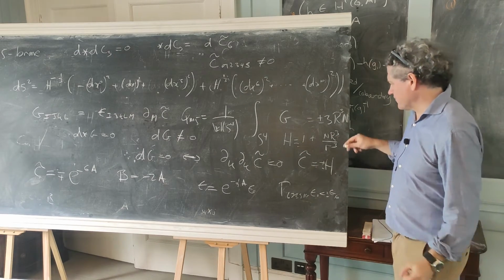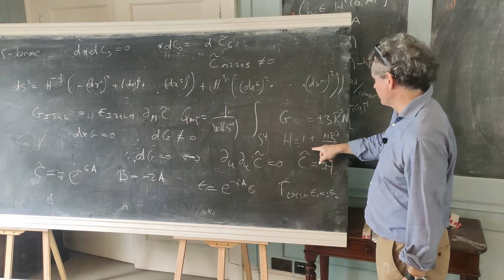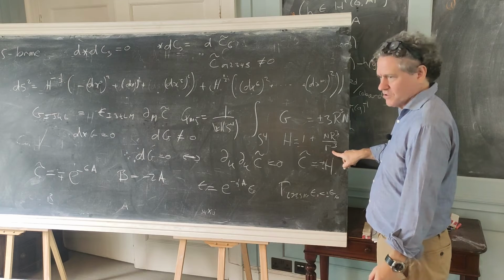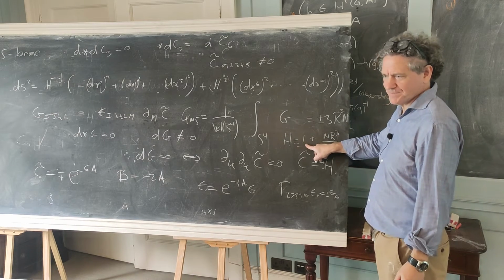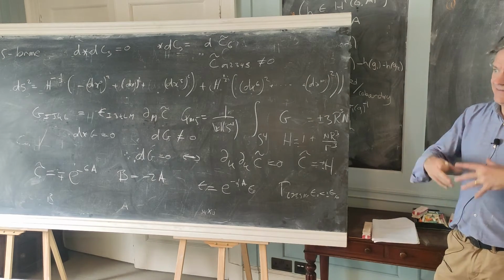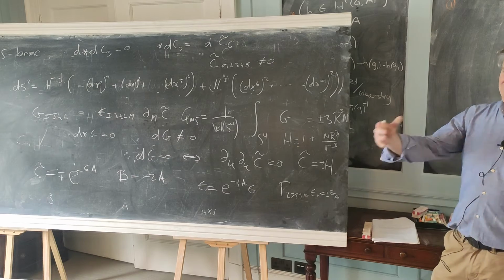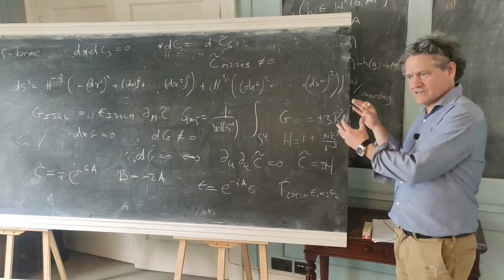Then if you put them all on top of each other, you can take the so-called near horizon limit, where little r is small, or capital N is big. You drop the 1, and then these solutions become AdS cross spheres. And then AdS/CFT kicks in, and you say that that's dual to whatever the gauge theory is that controls the branes.